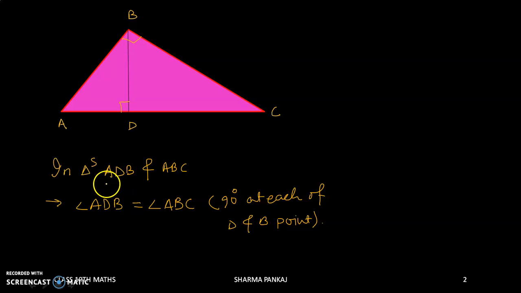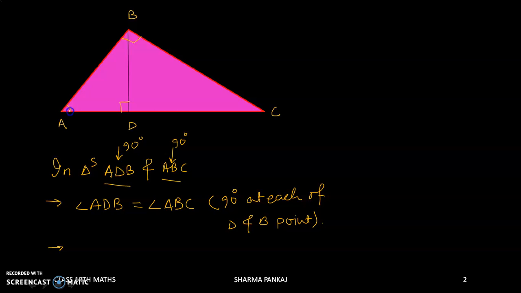because we have considered two triangles ADB and ABC. ADB is where? ADB. And where is ABC? ABC. Remember, the in-between letters are actually deliberately kept to show at this point there is 90 degree or right angle at this point only. Now we also have, look at this triangle ADB and triangle ABC.